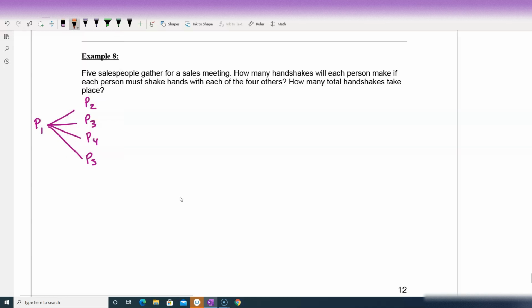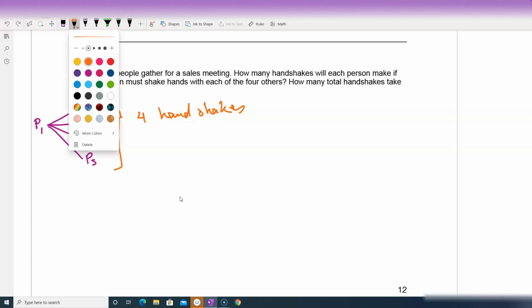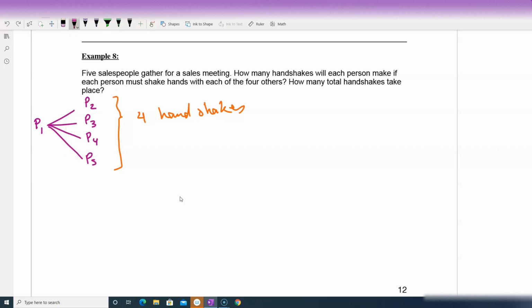And we have to count how many handshakes we have in total. Here is 4 handshakes. After that, we shouldn't count that person because he already had handshakes. Now, starting with the second person having handshakes, because he didn't have a handshake with this person.